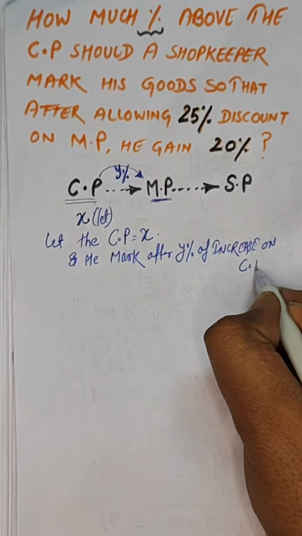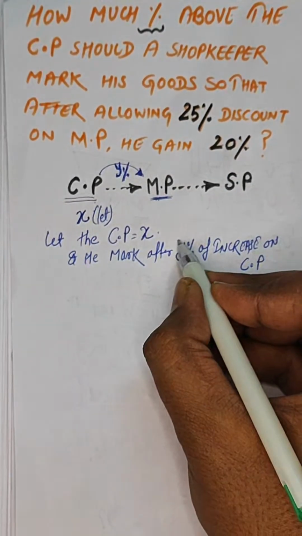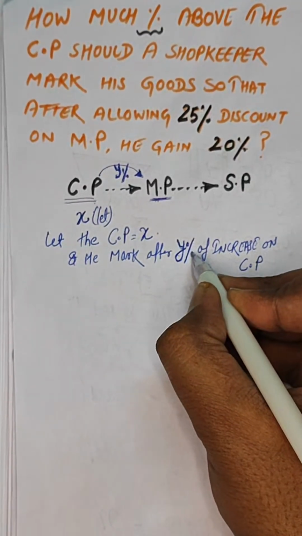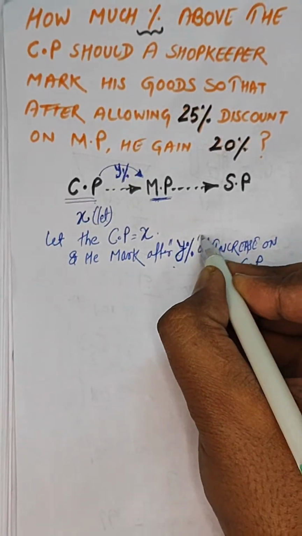So the shopkeeper is increasing the cost of the item on the stickers, and let us say he is increasing by Y%.